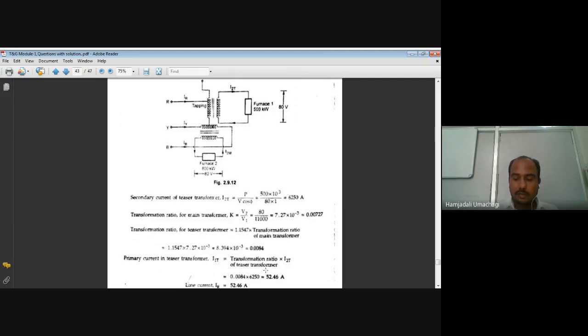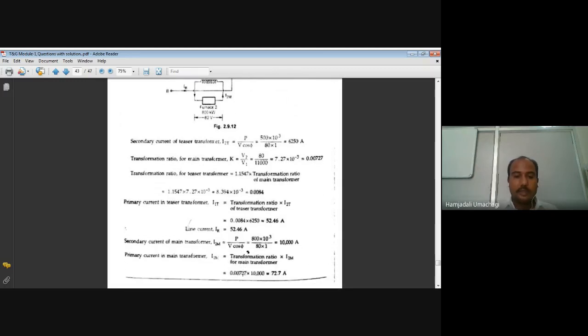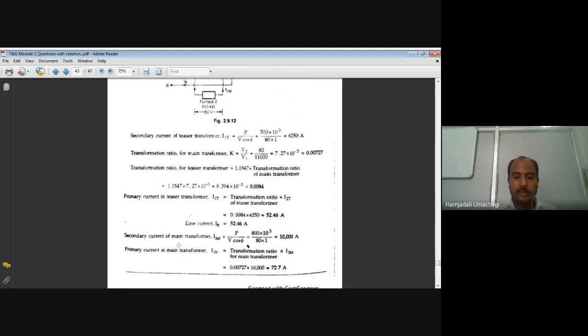The transformation ratio is 0.0084 and the secondary current I2T is 6250. So the primary current of the teaser transformer I1T, equal to line current IR, is 52.46 ampere.